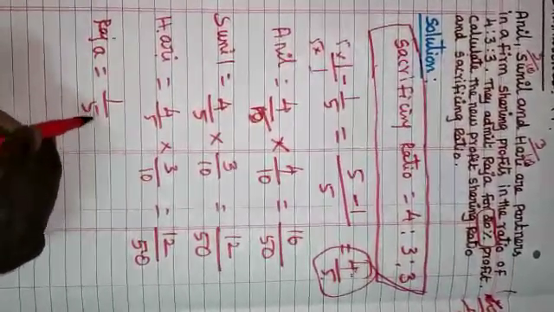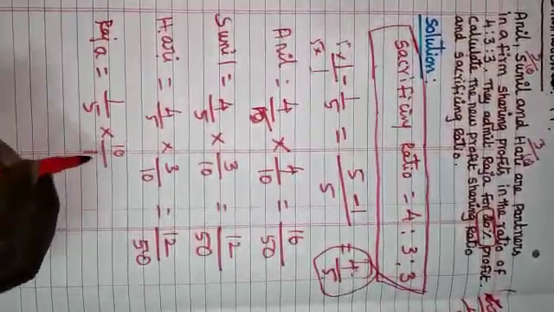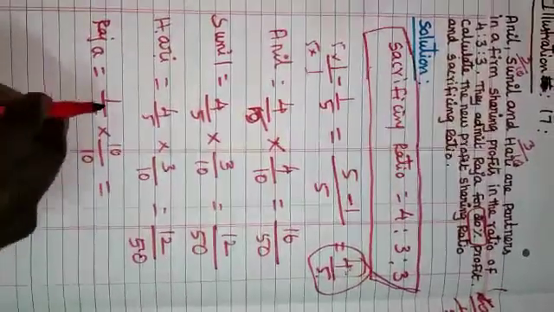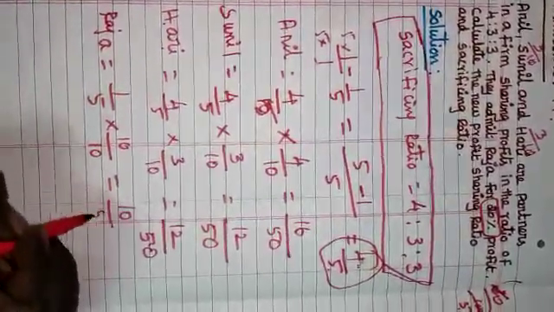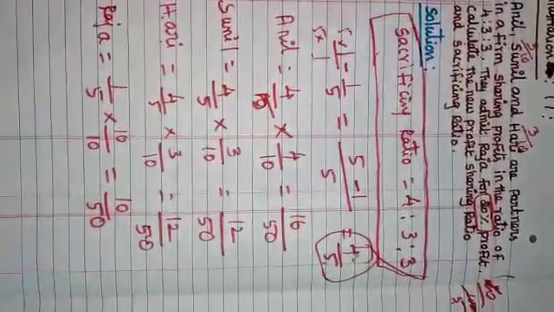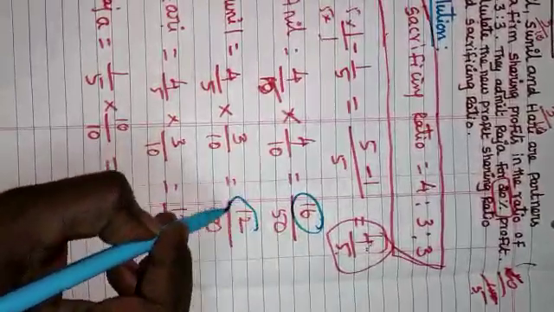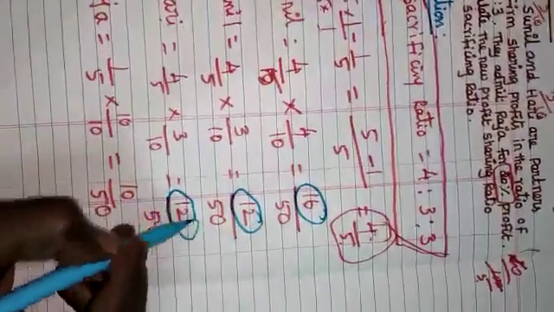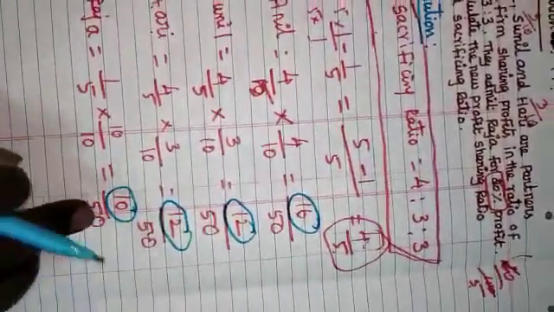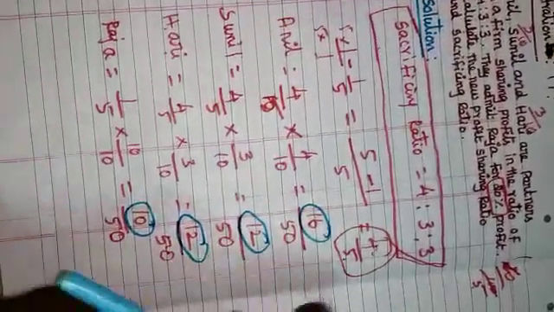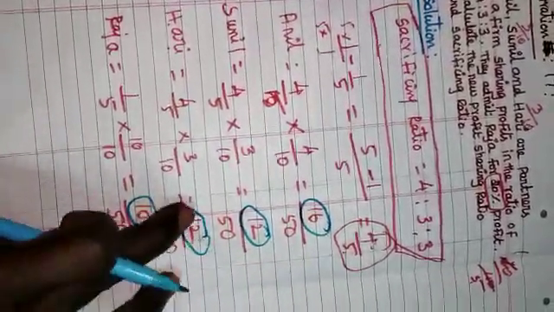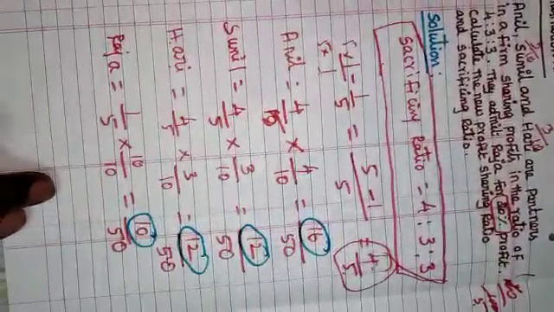To have an equal denominator, we multiply by 10 into 10. So 10 by 50. Now you see here, 16 plus 12 plus 12 plus 10 gives the value 50. So 16 plus 12, 28, 40, 50. So we got the denominator value 50 also.